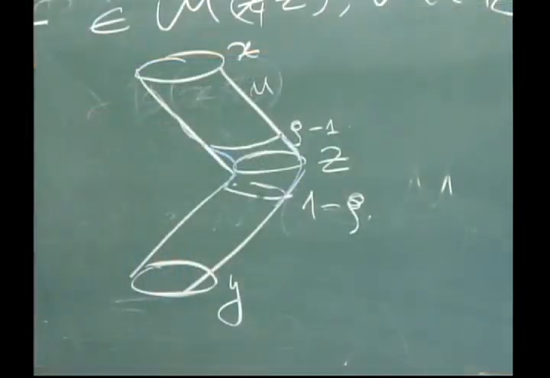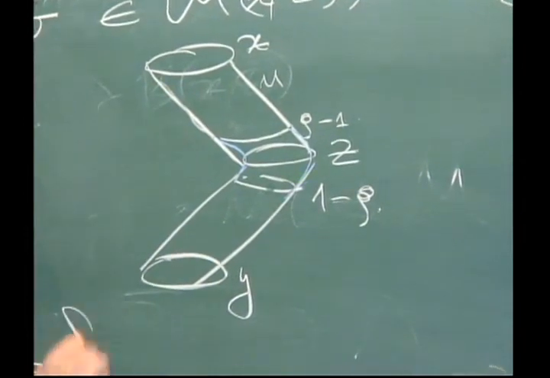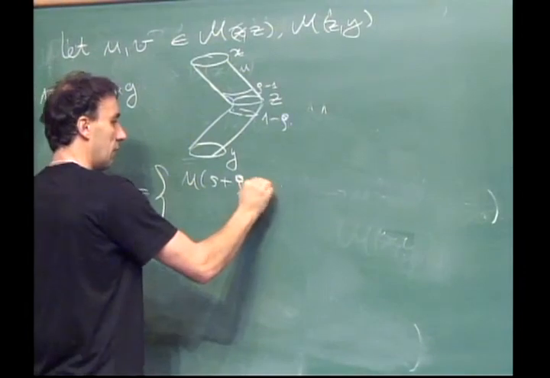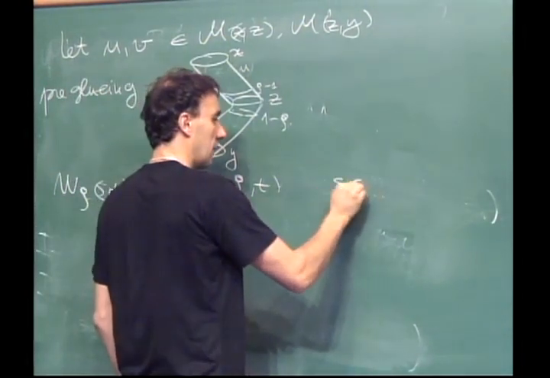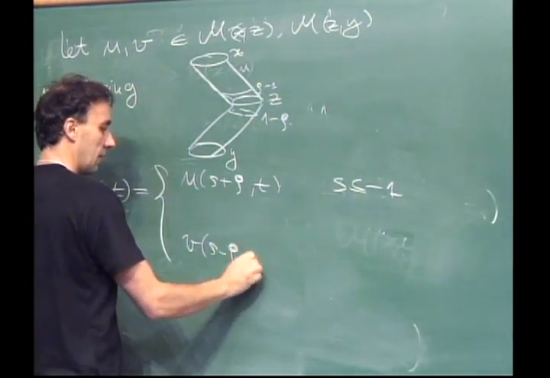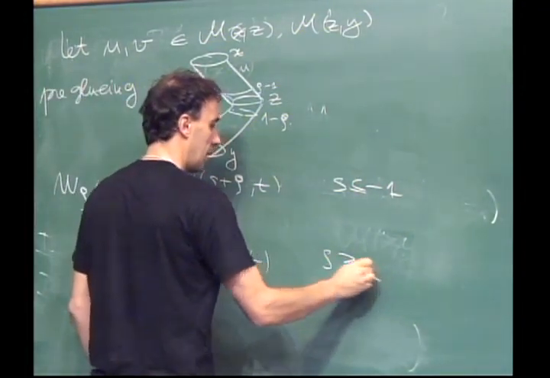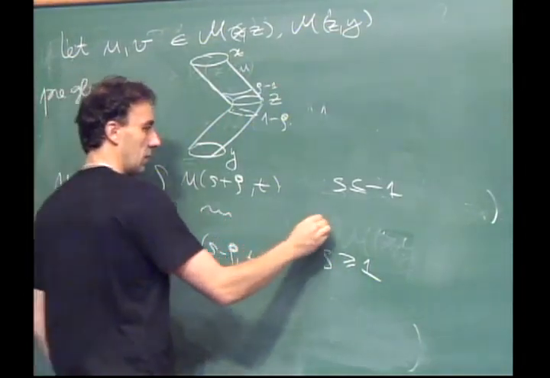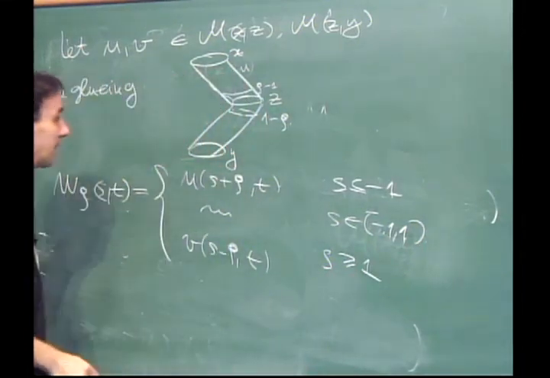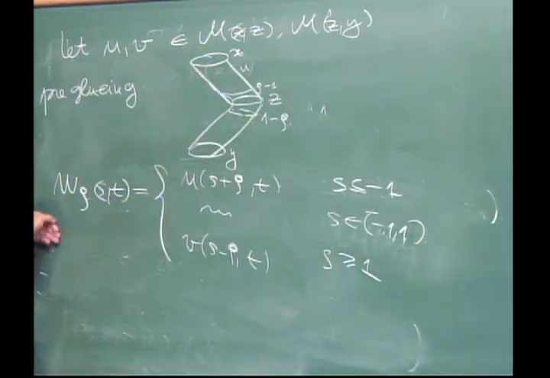A formula will be f_w(rho, s, t) is u(s) plus rho t for s smaller than -1, v(s) minus rho t for s greater than 1, and here's something to interpolate and to have it smooth. Now, of course, this is not a solution of the Floer equation.